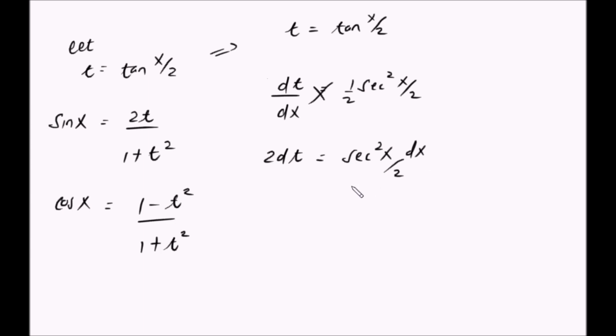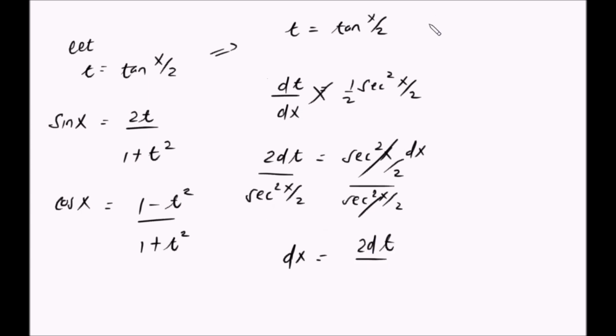So I'm going to divide both sides by the sec squared, so here we remain with dx equals 2 dt over this. But remember, 1 plus tan squared x is what? Sec squared x. So this sec squared x over 2 will be 1 plus tan squared x over 2.